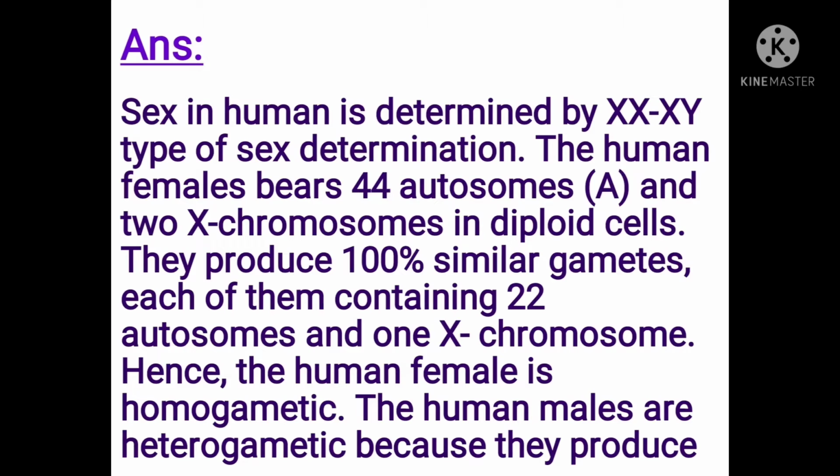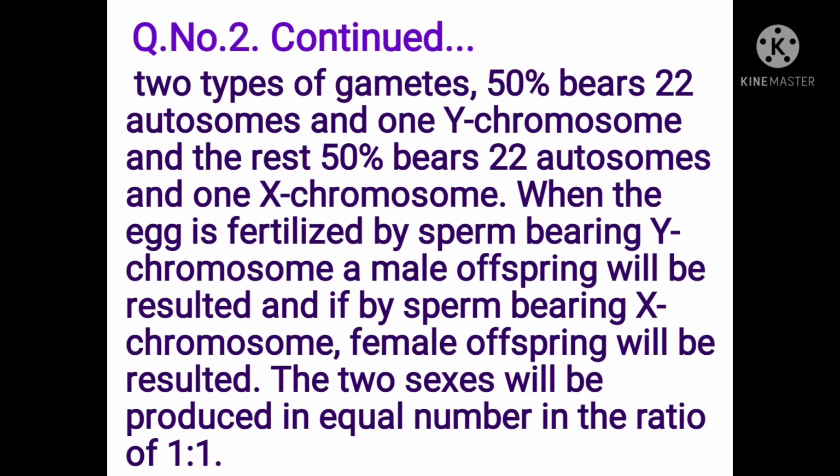The human males are heterogametic because they produce two types of gametes. 50% bear 22 autosomes and 1 Y chromosome, and the rest 50% bear 22 autosomes and 1 X chromosome.